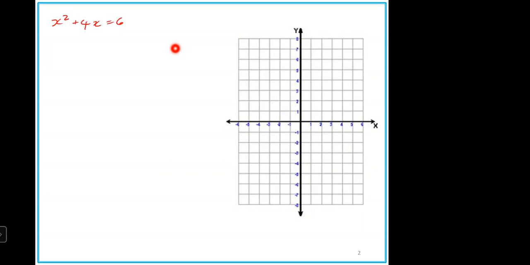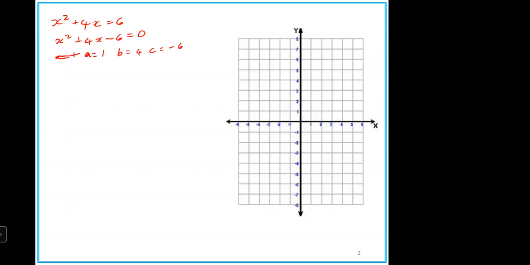Before you can solve the quadratic, you have to put it in the form x squared plus 4x minus 6 equals 0. And in this case, sorry, not x, A equals 1, B equals 4, and C equals -6.